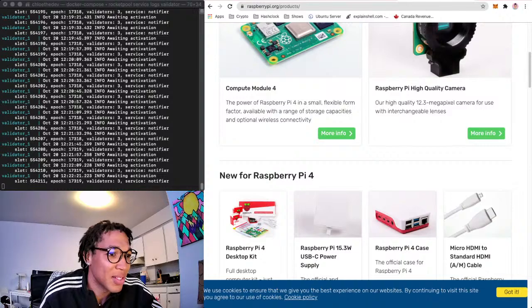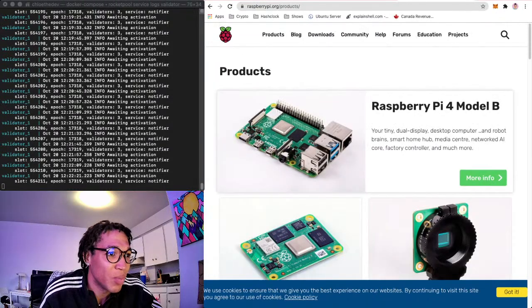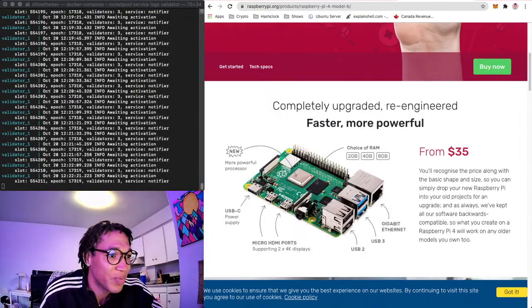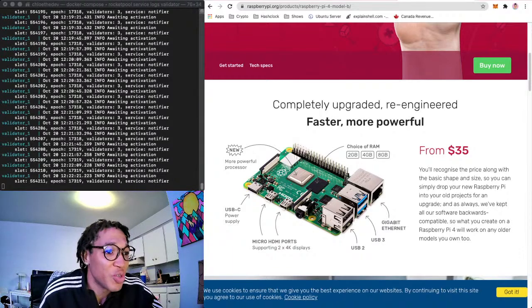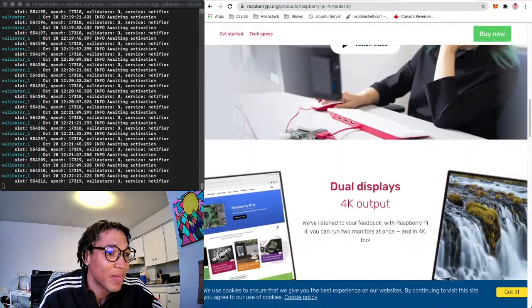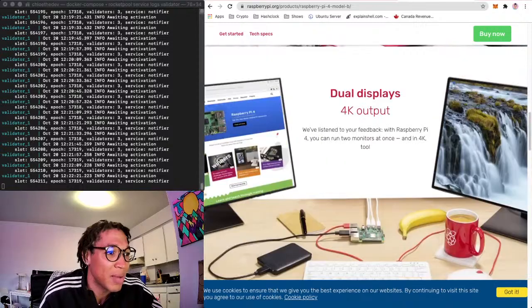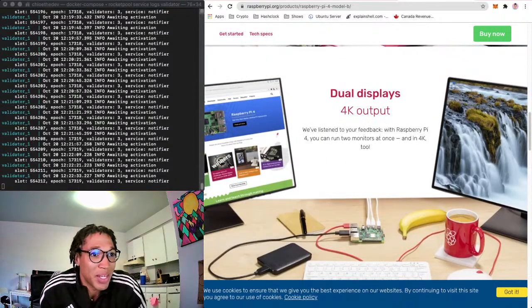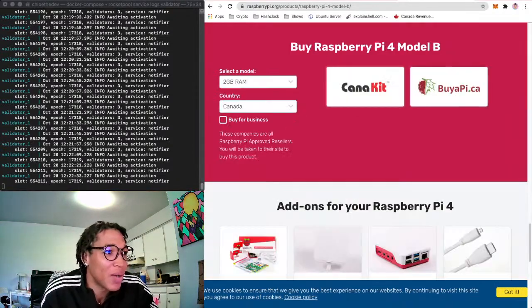I think this is the right one. More info. I want to buy you. Okay, so yeah. So you can get 8 gigs of RAM. And I'm not sure I'd buy one of these displays, but let's hit buy now. 8 gigs of RAM in Canada. I can't remember which one I clicked before. Let's click both of these.